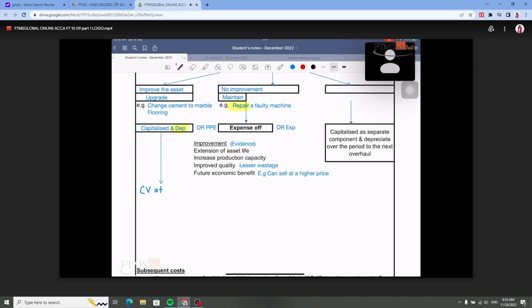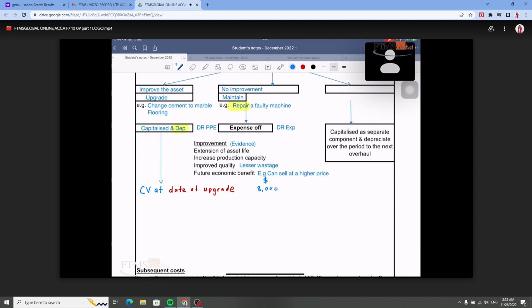So carrying value always has a date. Firstly, what I need to do is to calculate the carrying value at the date of upgrade. Say for example, you calculate a carrying value at date of upgrade, maybe 8,000.